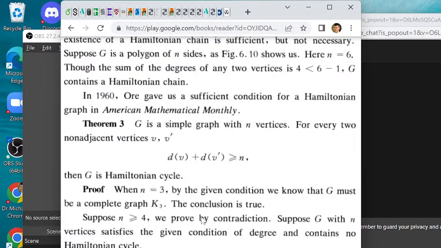G is a simple graph with n vertices, for every 2 non-adjacent vertices. So now the condition is non-adjacent. I guess the adjacent one, there's sort of 2 degrees that are wasted. So the non-adjacent ones have a stronger condition. The degrees add up to 1 more than what it was before. But the adjacent ones, it's a weaker condition, right? Because it's 1 less than they would have needed.